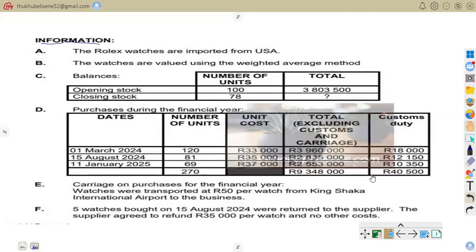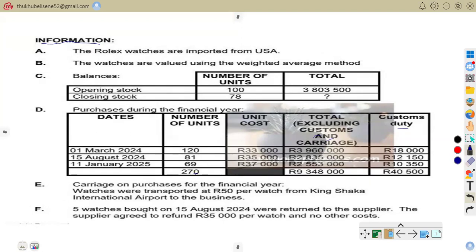So we want that custom duty per watch. As you can see now, we have the amounts, total amounts excluding customs. We have custom duties amounts. So we have these totals, as well as the number of units.